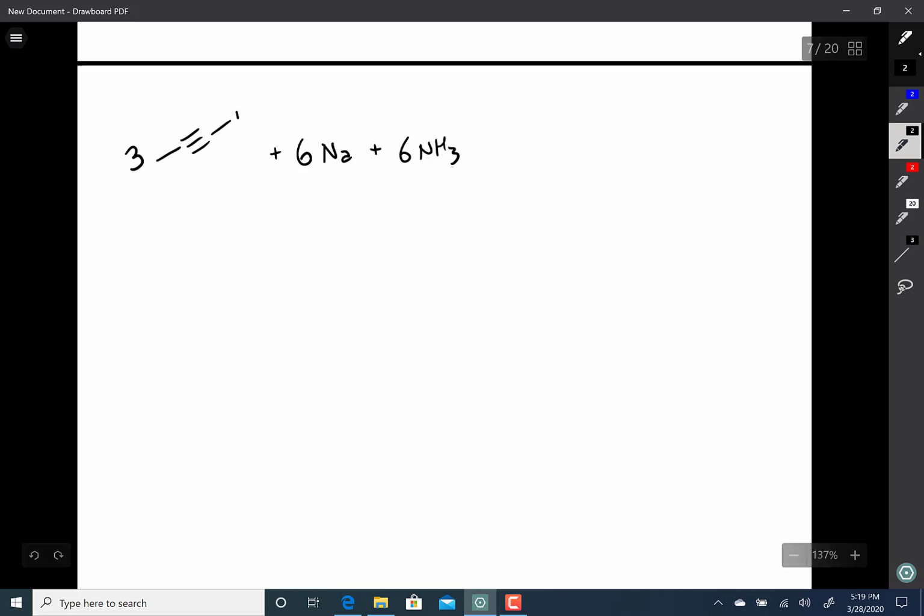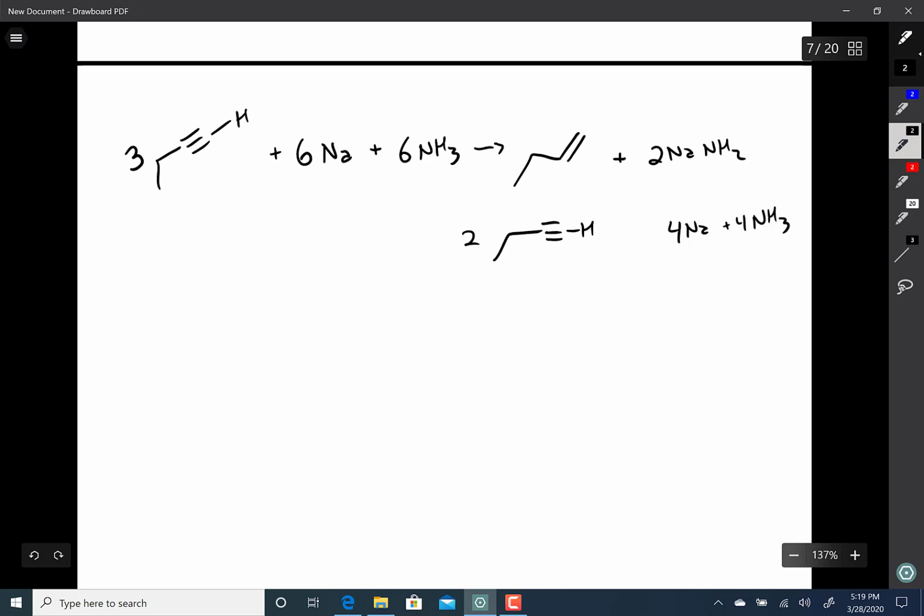When we do this cycle once, and let's make it a terminal alkyne to show what we're doing, we end up with the alkene plus 2 NaNH2s and then we have 2 remaining alkynes, 4 remaining sodiums, and 4 remaining ammonias.